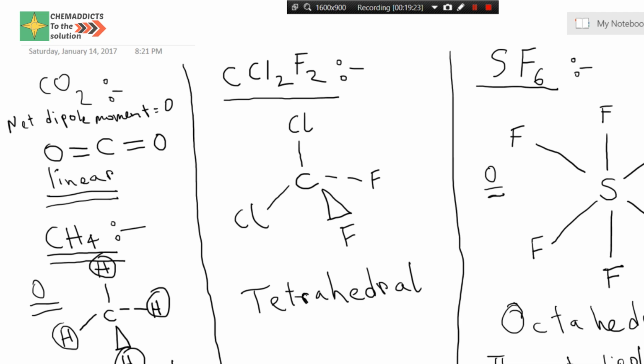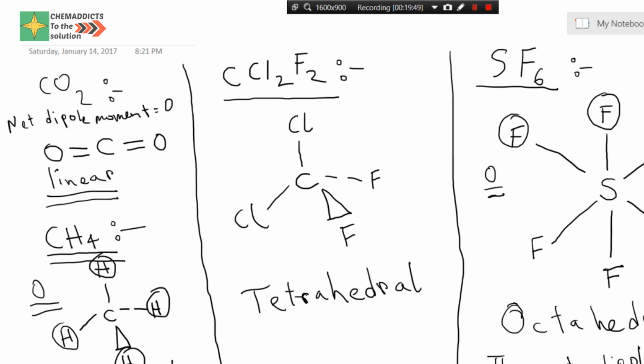So here we have learned one thing: if the molecule has an octahedral or tetrahedral structure, then we are going to get net dipole moment 0. The only condition is that the center atom should be attached to the same atoms. Here it is fluorine.